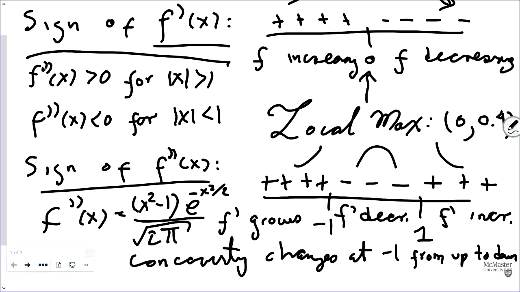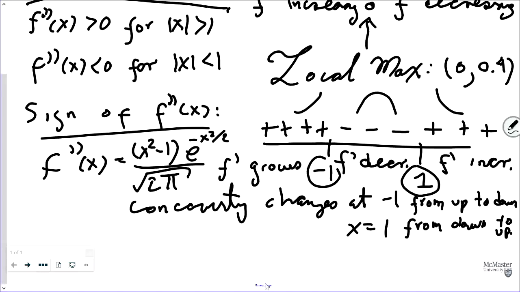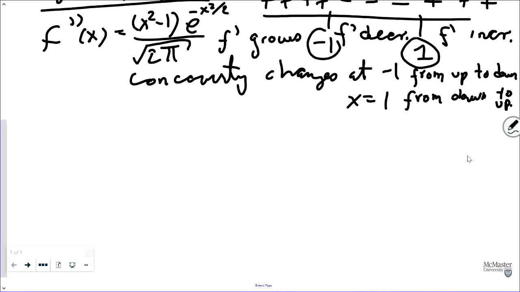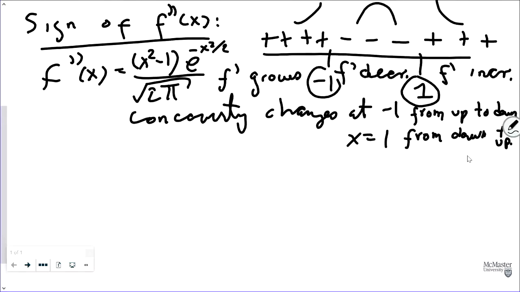And at the point x equal to 1, it changes from down to up. Okay? So that's why these two are inflection points. And the whole idea of this analysis is that we can use all the information that we get from f prime and f double prime in order to make an appropriate plot of the function.